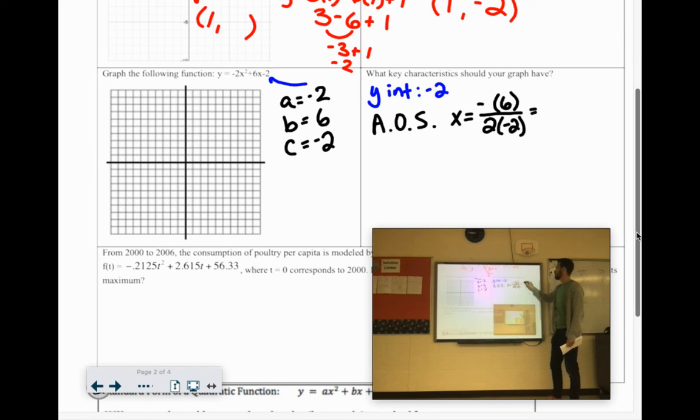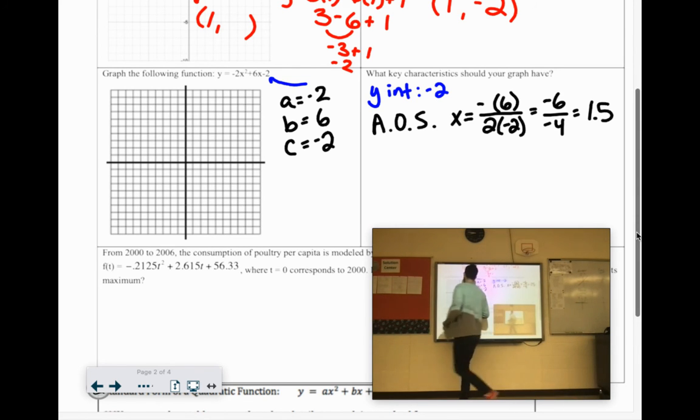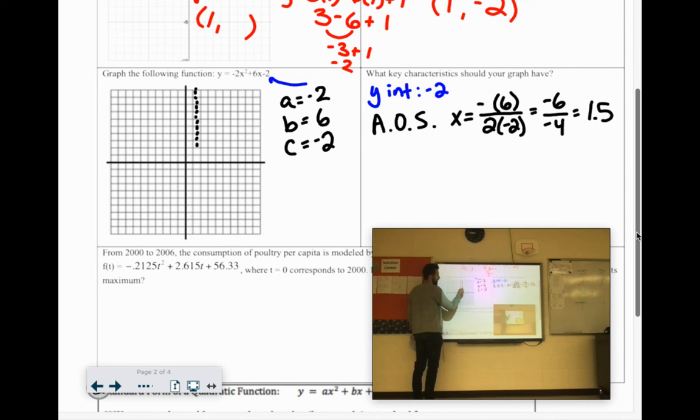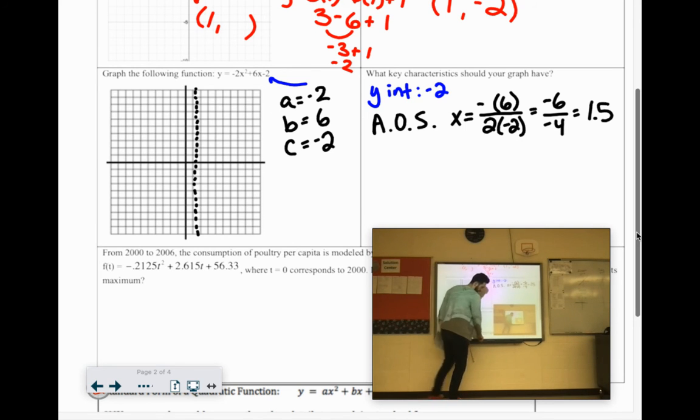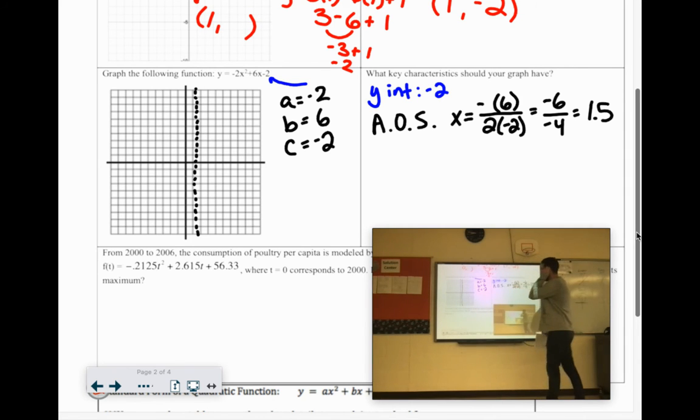So we get -6 over -4, which comes out to positive 1.5. Ooh, that's a fun one. So that at 1.5 is going to split our graph right down the middle. I like to draw a dashed line just so I remember if I plot something on the right, I can plot it over on the left as well.